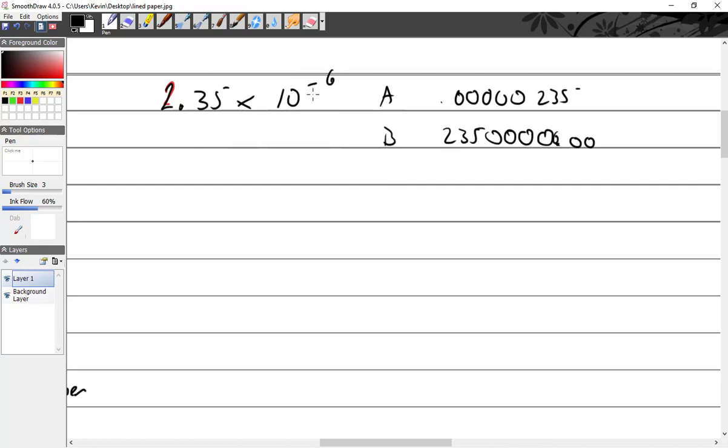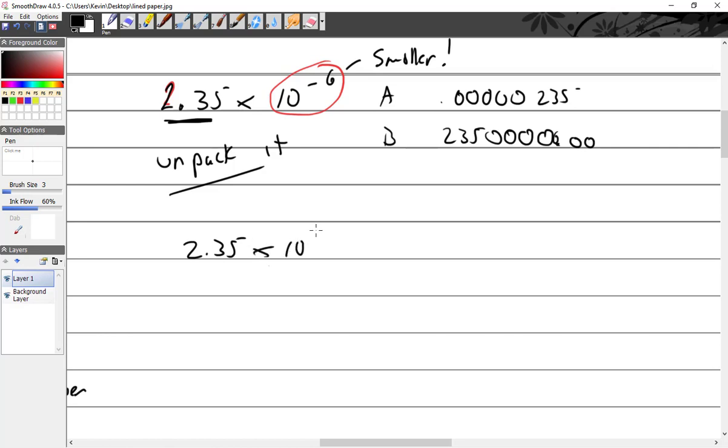Okay, so first of all, what I say is you got to look at this and you have to unpack it. When you unpack this number, and what I'm saying is converting it to these numbers over here, and you see that -6, it must get what? Bigger or smaller? Smaller than 1. You have to remember that this number is going to get smaller. And if this is a positive number, it's going to get bigger. So 2.35 times 10 to the 6th.